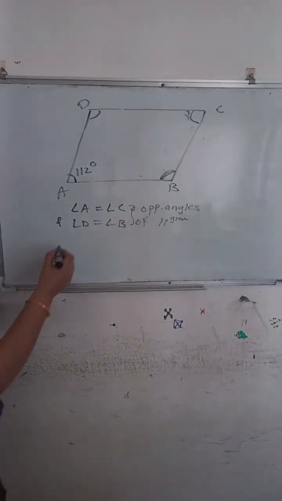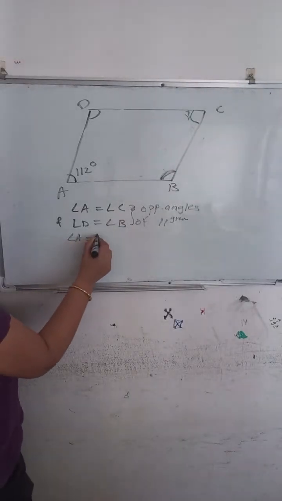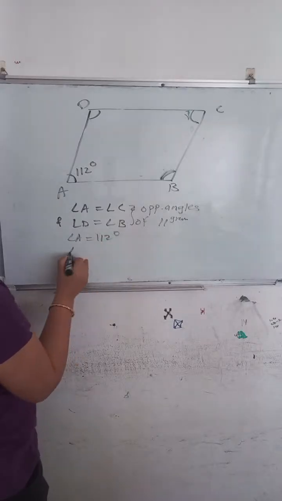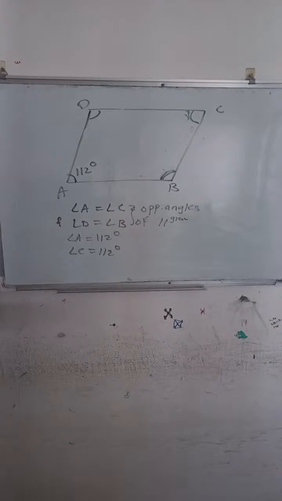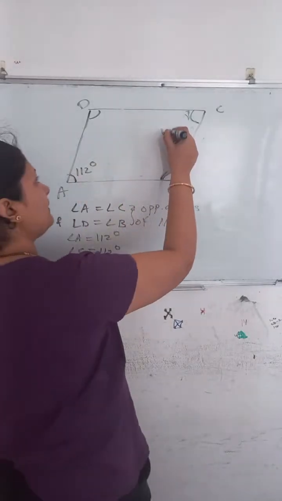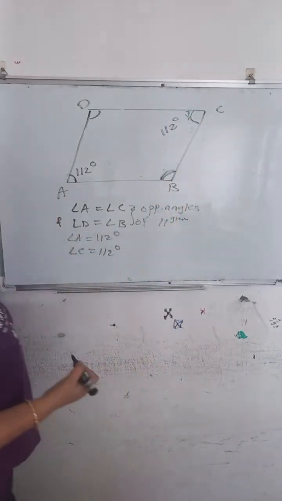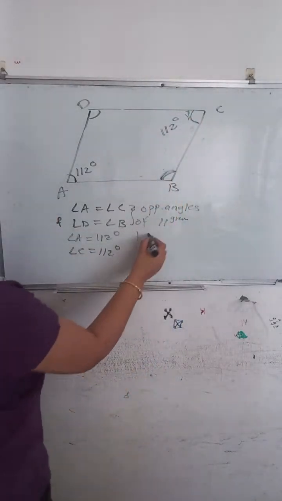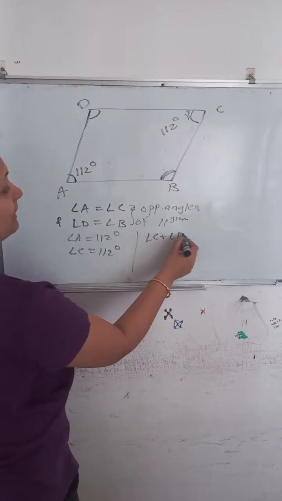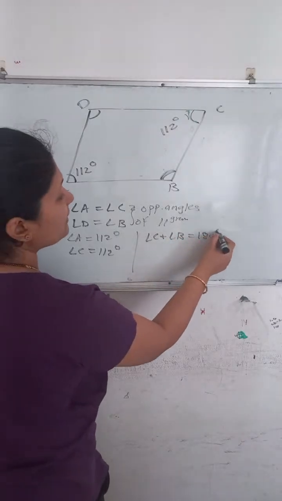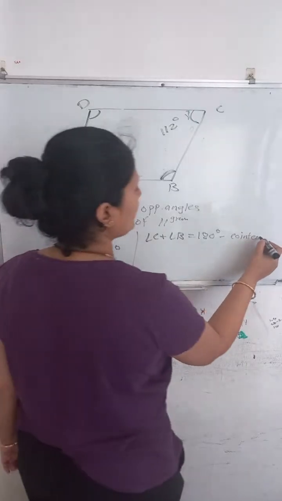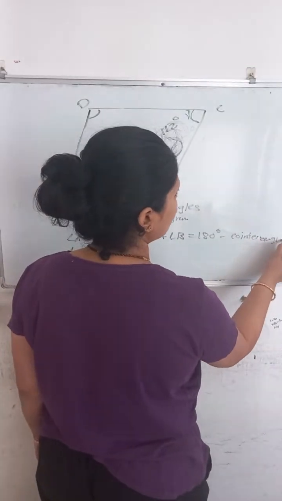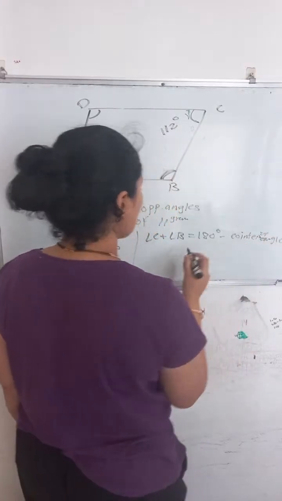So if angle A is 112, then obviously angle C is also 112. See, it's very easy to calculate the first angle. Now you know that angle C plus angle B is 180 degrees, because they are co-interior angles.